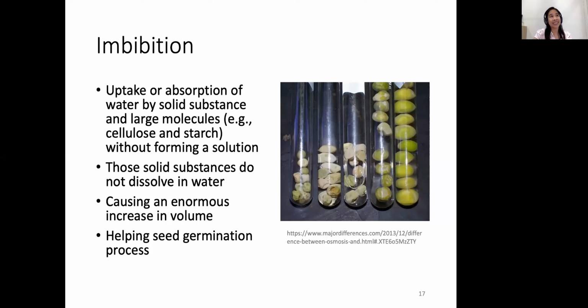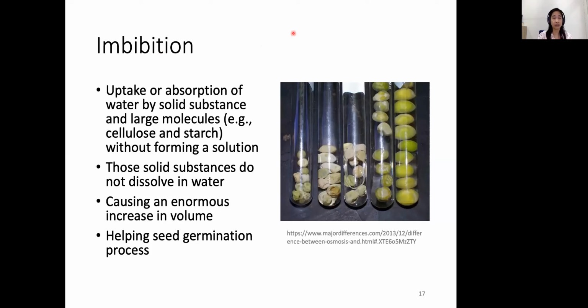Let's get started. Imbibition is the process by which seeds or some solid substances and large molecules, for example cellulose and starch, absorb water without forming a solution, without dissolving.